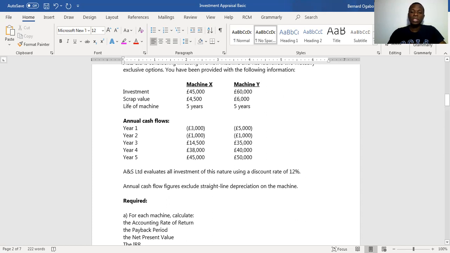I will choose a discount rate that is above 6%, meaning that since I currently earn 6% from my fixed deposit, if I'm taking that money to make an alternative investment, I should earn more than that, or the minimum that I can accept is 6%.